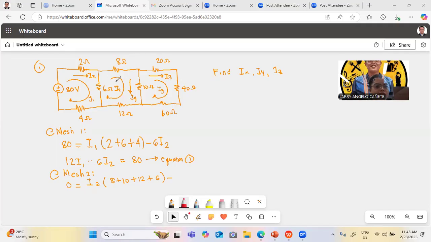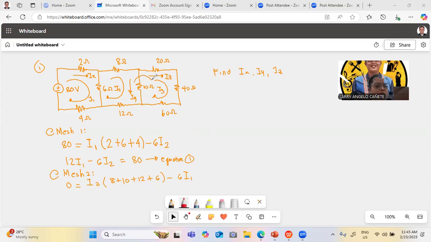So there is a 6 ohm resistor opposing to the other side. So I put here 6 I sub 1 because in that side the current is I1, I am inside mesh 2, and your 6 is in the left side. That's the reason I put here negative 6 I1.